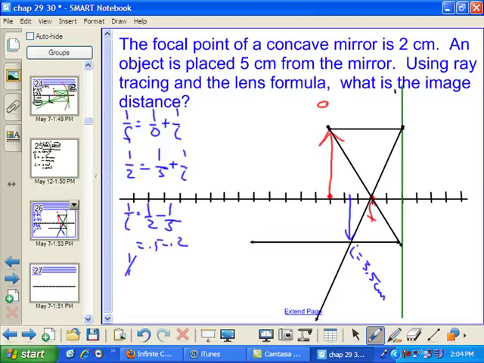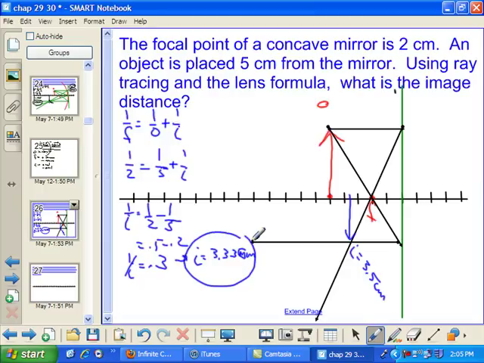So 1 over I is 0.3, which means I is 3.33 centimeters. So 3.5, that's not bad. So somewhere around 3.